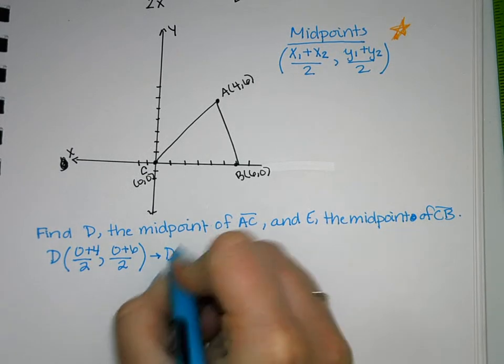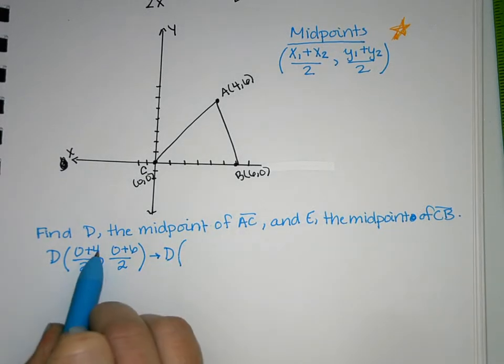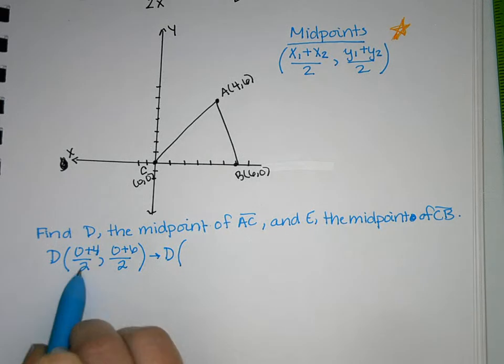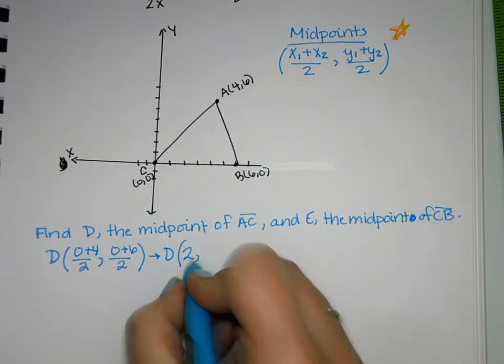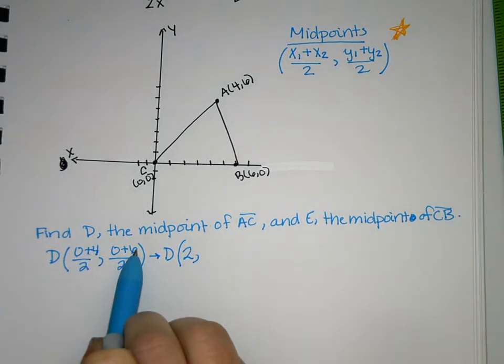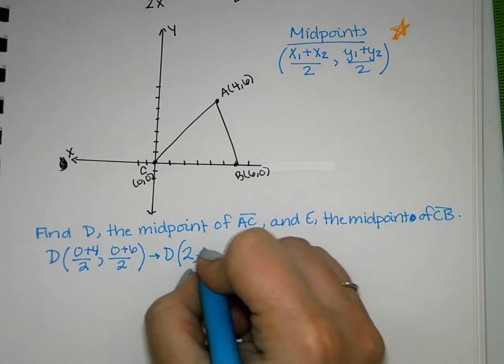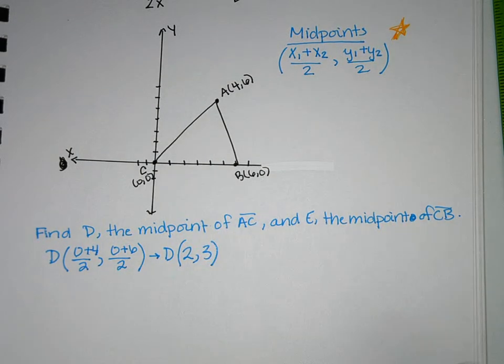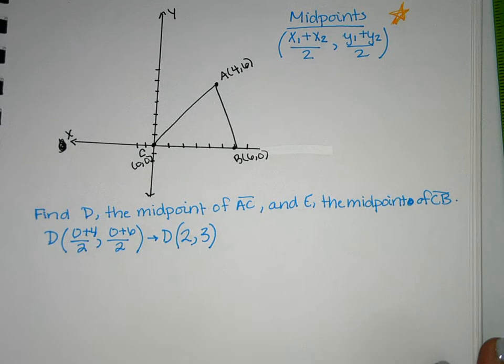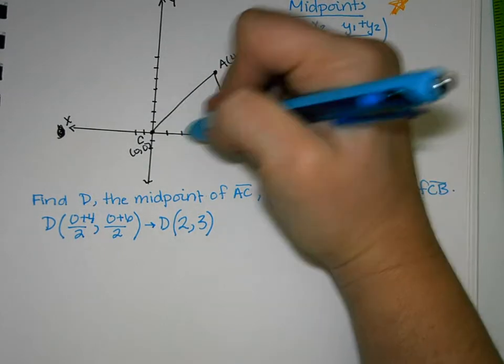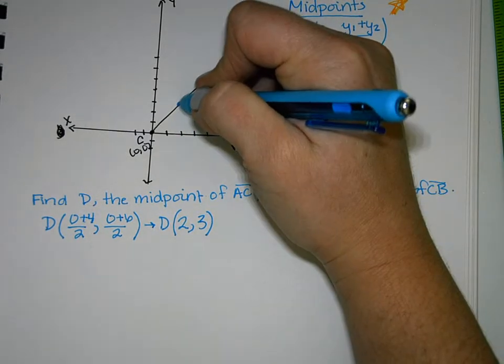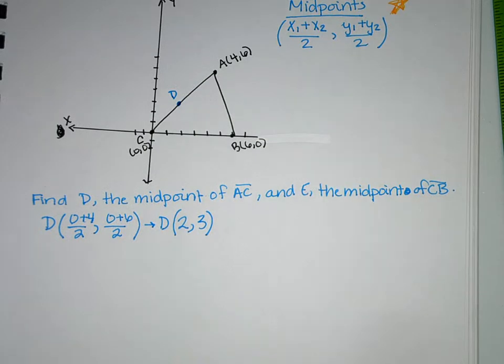When we simplify those, 0 plus 4 is 4. 4 divided by 2 is 2. 0 plus 6 is 6. Divided by 2 is 3. That means my midpoint is at the ordered pair 2, 3. So I can go to the graph, go to 2, 3. There's D. And that's the point that is perfectly in the middle of the 2 points A and C.